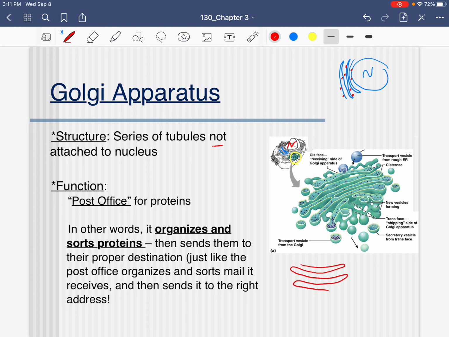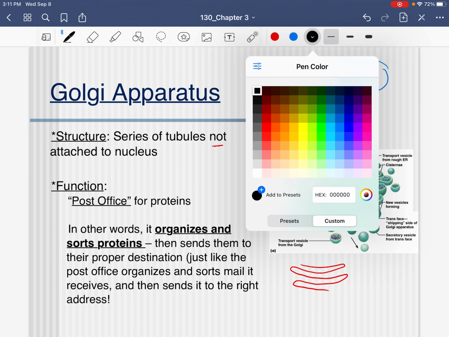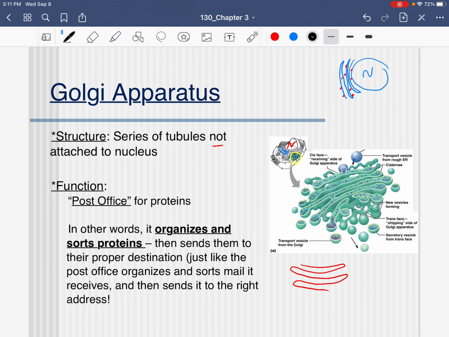What we're going to do when we put it all together is we're going to follow protein. Because what we're going to find is, as the ribosomes produce that protein, the proteins travel through the ER, and then those proteins are released.